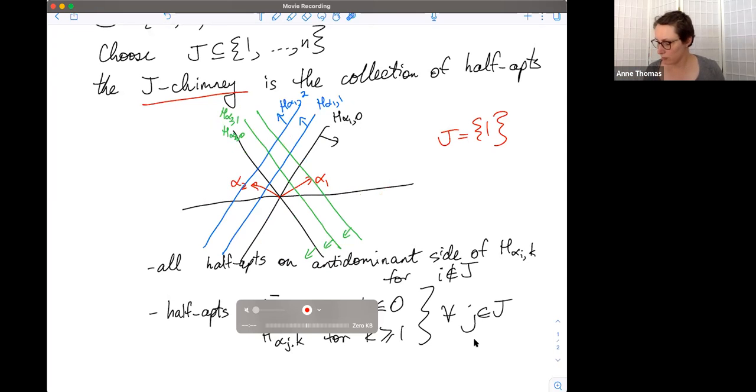And so this, in a sense that can be formalized, does pick off a point in a certain boundary. But really we're thinking of the chimney as this collection of half apartments, and it's represented then by shading some region between these walls in the dominant sector. But we're thinking of the chimney itself as some collection of half apartments to pick out this region.